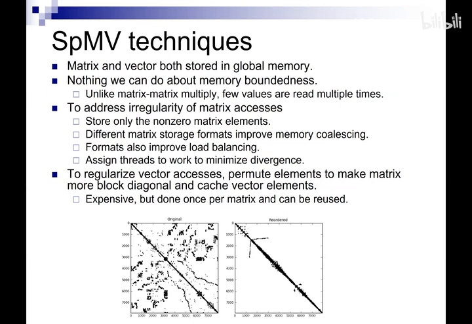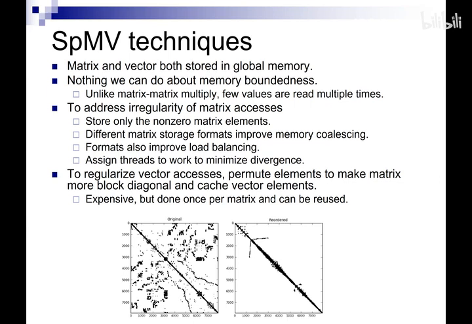If you're working with the matrix on the right, that helps you regularize your vector axes. Instead of jumping to a bunch of pretty much random vector locations, you can have much more regular axes to the vector. Now, finding this permutation, this way to transform from the left matrix to the right matrix. They're actually the same matrix, so they capture the same data, except you relabel the different rows and columns.